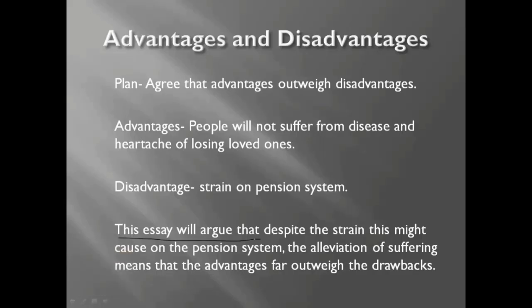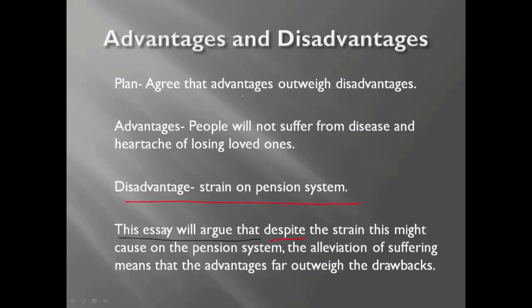So a very important word is despite. Just like the discussion essays where we used the word although, despite tells the examiner I'm going to state a reason that I don't really agree with. So despite the strain this might cause on the pension system, so this is the disadvantage here.